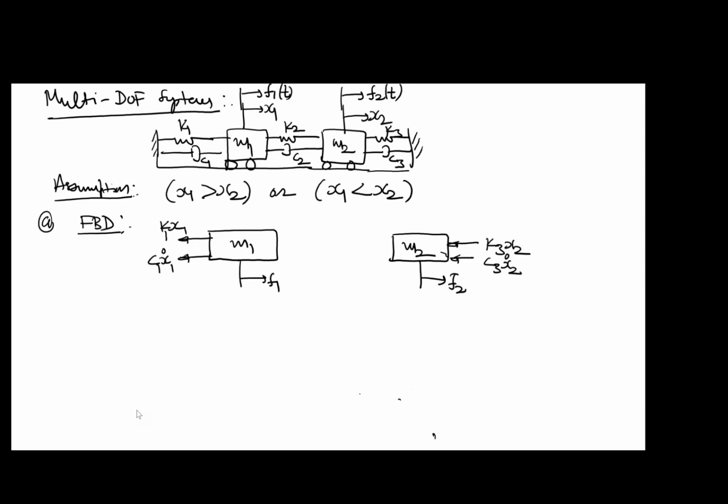When the spring K2 is under compression, it will apply an outward force K2 times (x1 minus x2), as x1 is more than x2. That's why these two arrows point outwards, and their direction is very important. Same thing is true for the damper: whatever is the direction of the spring force, the same is the direction of C2 times (x1 dot minus x2 dot).